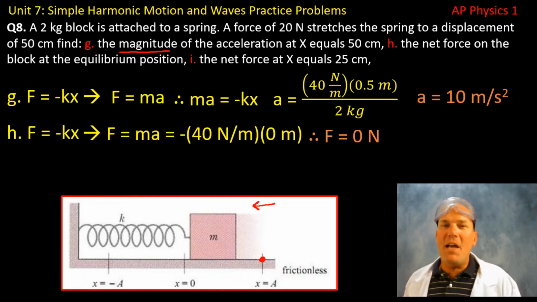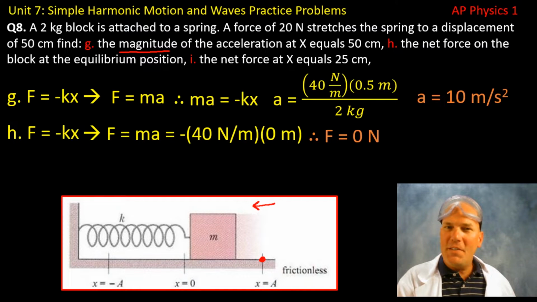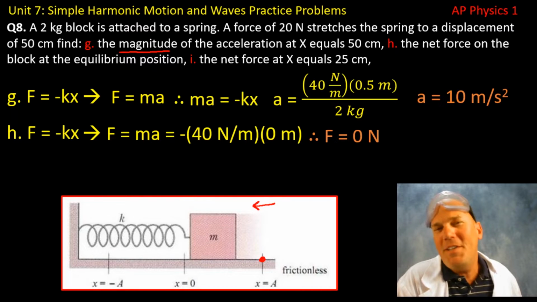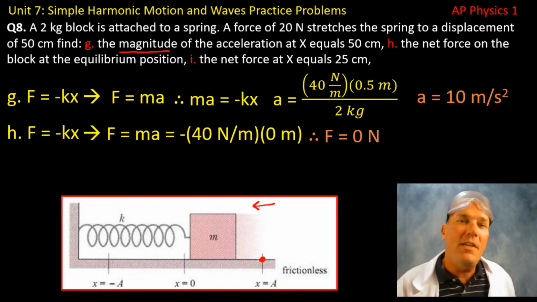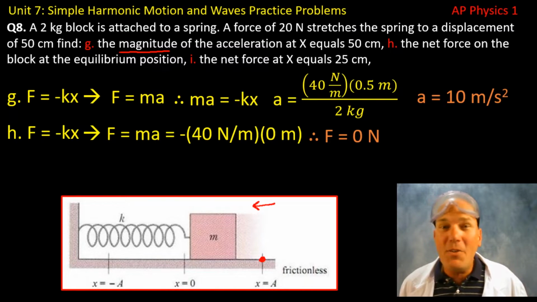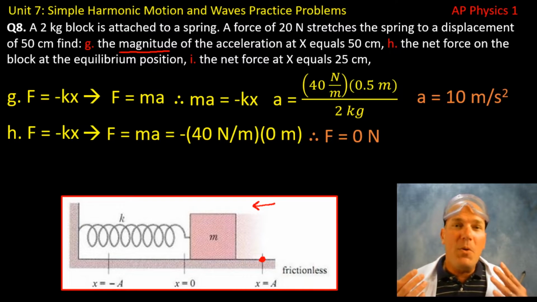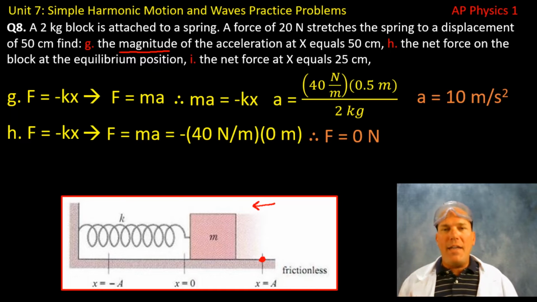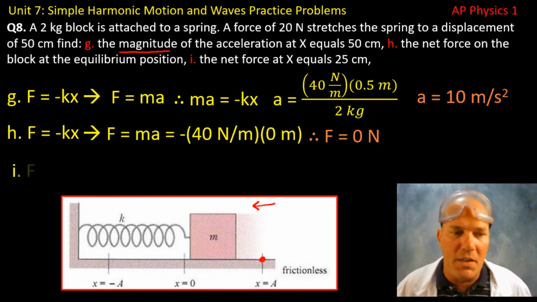Along that same line of logic, we knew that the acceleration was equal to 0 at the equilibrium. If the acceleration equals 0 at the equilibrium position, so does the force, guys. So both the force and the acceleration are 0 at the equilibrium position.